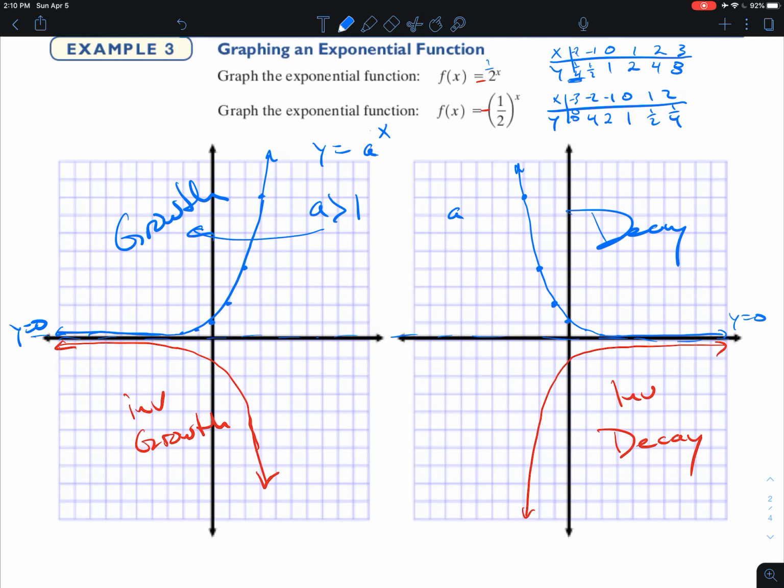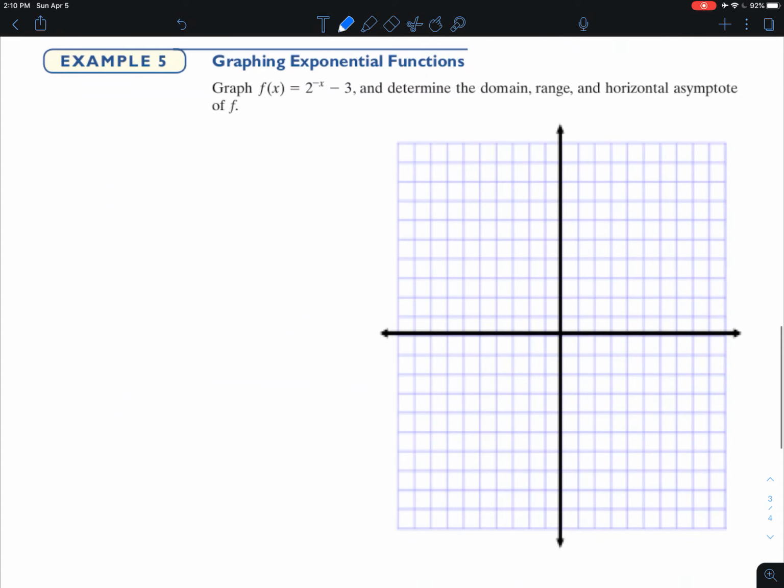If a is between 0 and 1, like 1/8, a third, whatever, that's when you're going to have a decay. So just to be clear about when that happens. Now, that also assumes a positive exponent, because even though a here is greater than 1, because of the negative exponent, this can be rewritten as 1/2 to the x minus 3. So this is actually going to be a decay function.